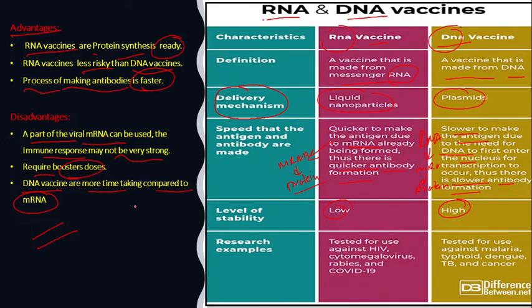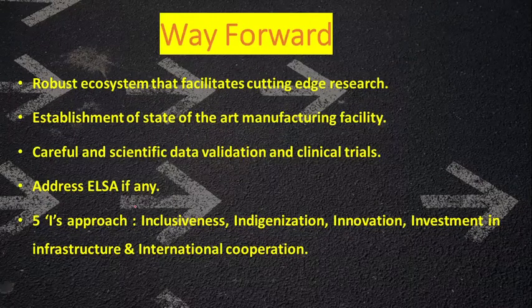So all these things are there which we need to understand when we are studying mRNA and DNA based vaccines. Now, what is the way forward in this whole scenario of mRNA and DNA based vaccines, especially after the COVID pandemic? mRNA vaccines have been synthesized in huge numbers, and they have been very successful with a high efficacy percentage.